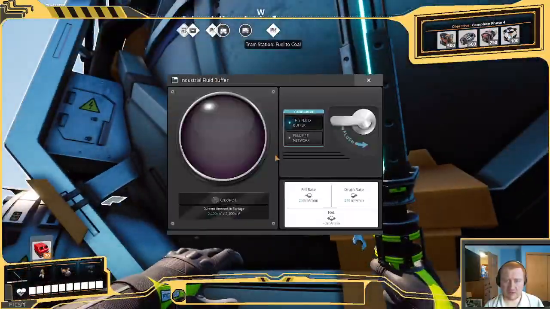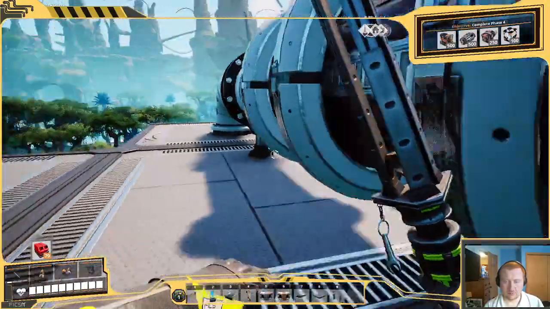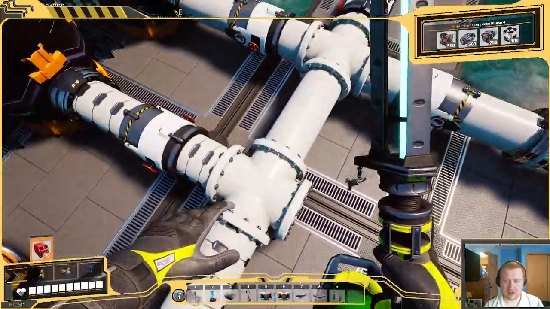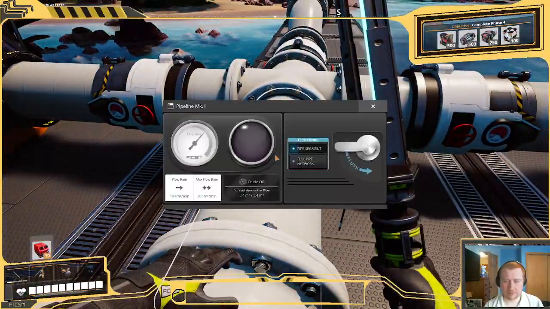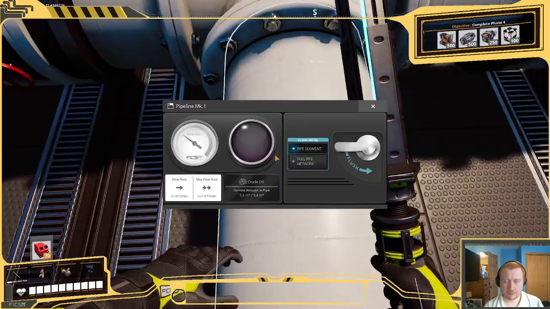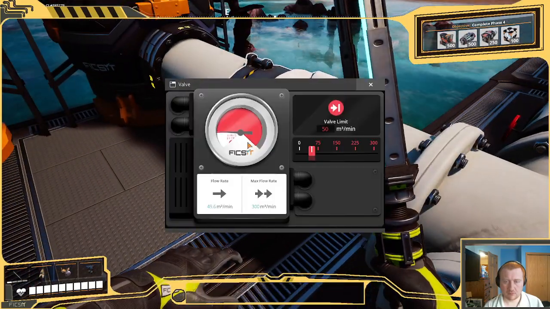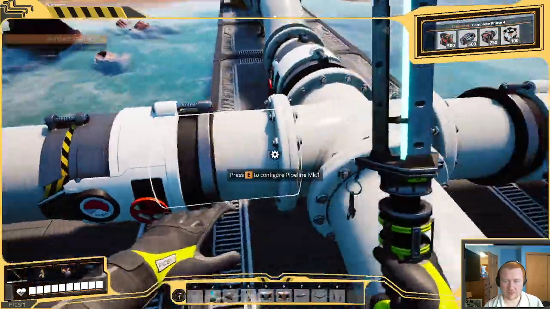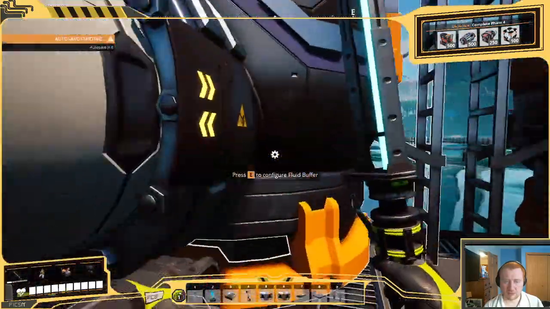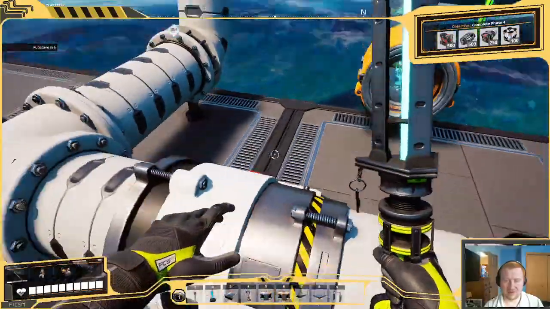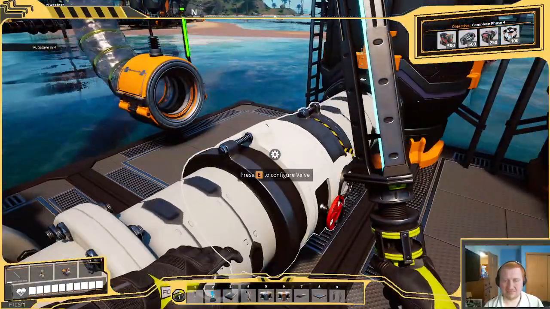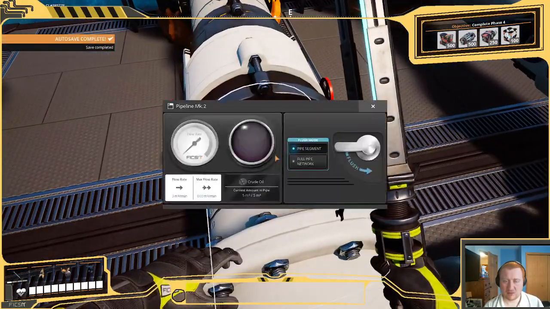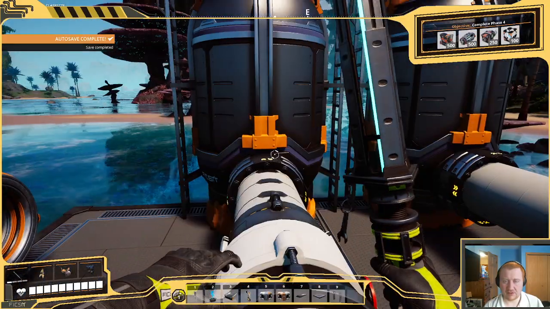But to make this drain even faster, we're going to really overload the system. So I'm going to increase this to, oh, it's already full. That's why, because it's no longer flowing. Shoot, I didn't think of that.